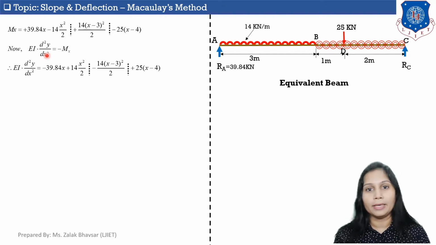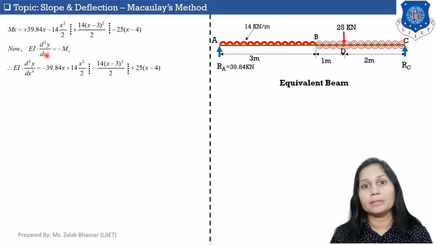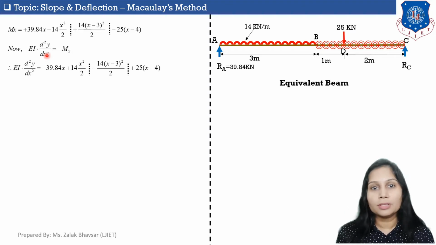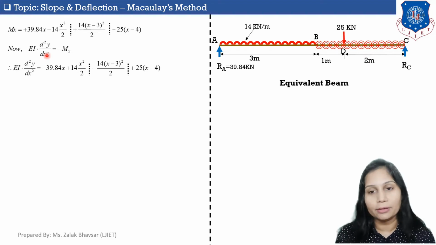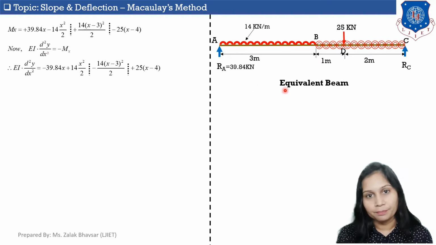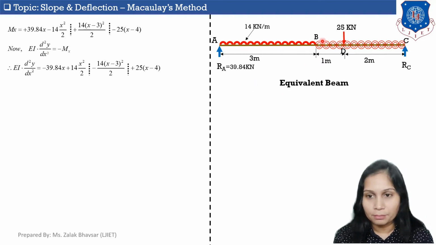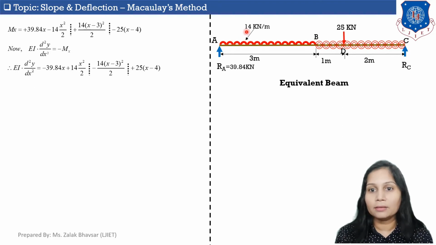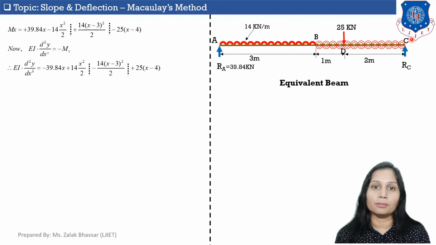But before calculating Mx, in a simply supported beam, if there is a UDL acting on the left hand side of the beam, then we need to first create an equivalent beam. In an equivalent beam, I will extend this 40 kilonewton per meter UDL up to the end of this beam.